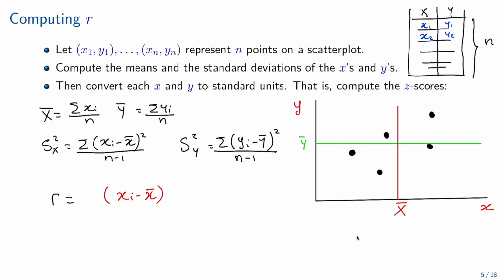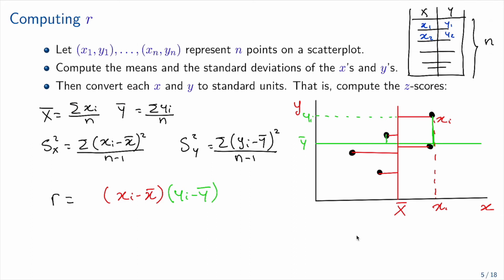So we take every single one of these distances with respect to the mean, and if this is, for example, xi, that will be xi, and the equivalent yi, that will be yi. So for this point, we multiply times this distance, yi minus y bar.